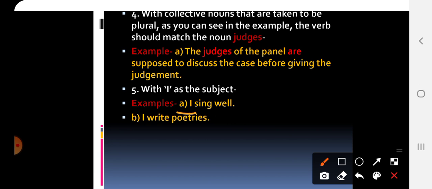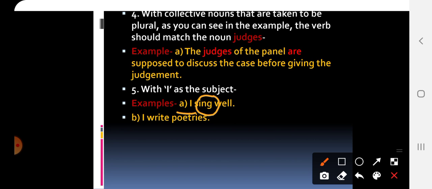So here the sentence is written in simple present tense and it took the first form of the verb with it without s and es. That is considered as the plural verb sing.